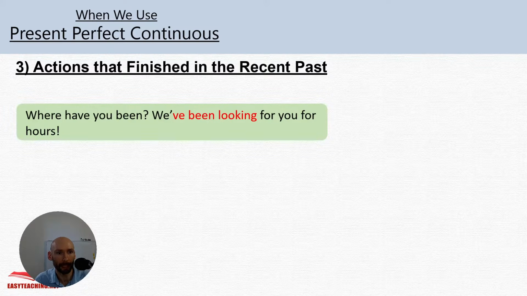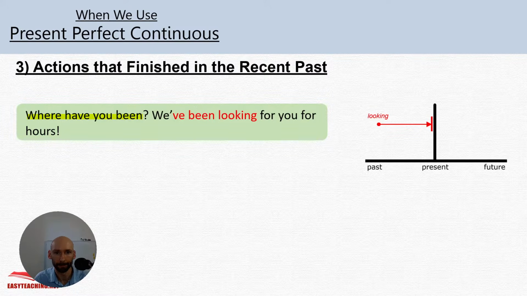Now, the relevance is that the person wants to know where they've been. Let's have a look at another example. Oh, before we do, here's the chart. It shows us that the action of looking was happening and it has finished in the present, but only just.